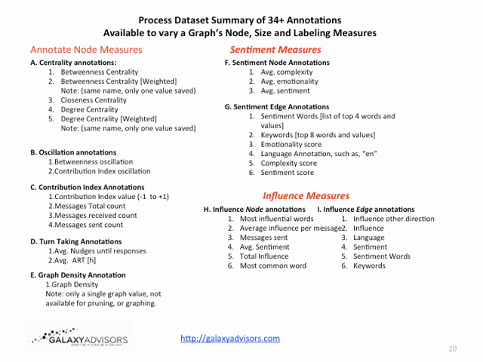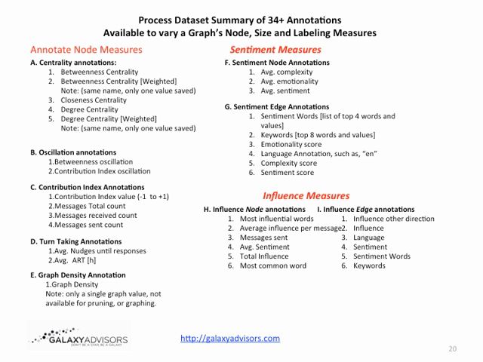You can see the annotate node measures, the common centrality ones of betweenness centrality weighted, closeness, degree weighted, oscillation, which is a special one that has been calculated to look at creativity, a contribution index to look at how someone is active or inactive, or how much they're contributing into the conversation that exists in the network, turn taking, graph density, and our sentiment, or here on content measures, the complexity of the text, the emotionality of the text, the sentiment, sentiment edge annotations of the top 4 words or values used in that text, top 8 keywords, an emotionality score, a language annotation such as English, German, Italian, and so on, a complexity, how complex is this text, a sentiment score.